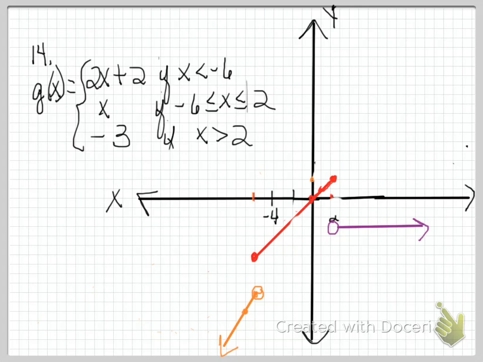But the very first graph is 2x plus 2, and the restriction is less than 6, which is to the left of. So everything to the right of 6 we erase.